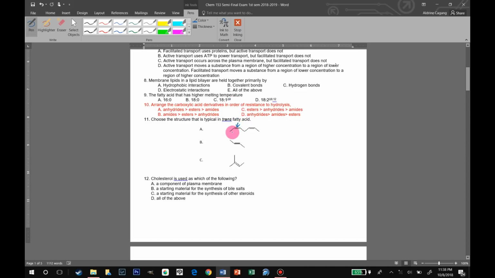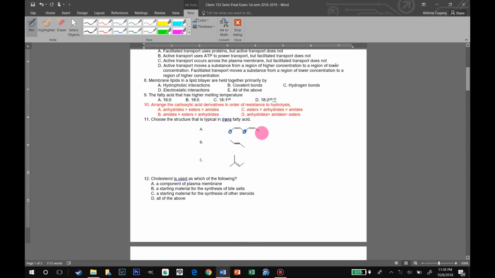The carbon to the left and the carbon to the right, both of them are at the bottom, so the same side, so this is a cis.